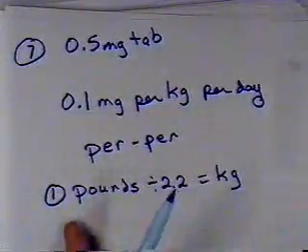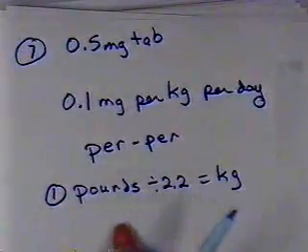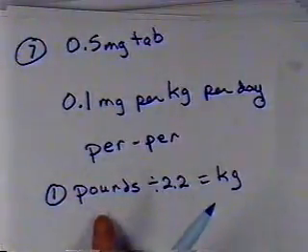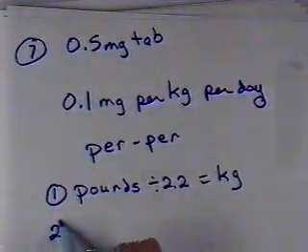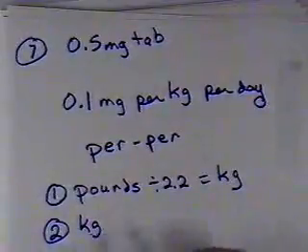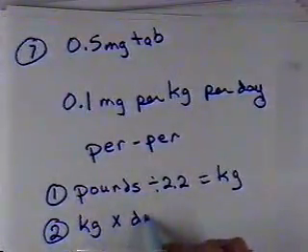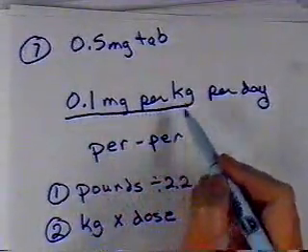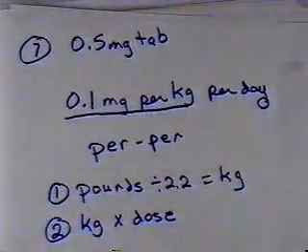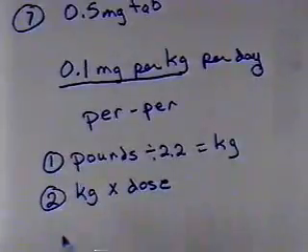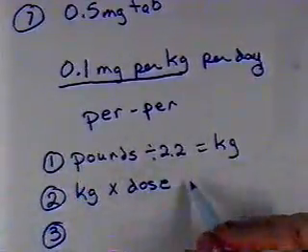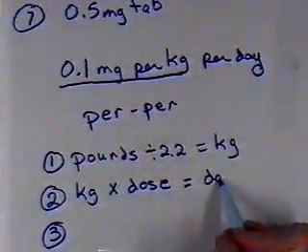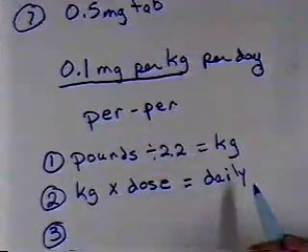So mostly on the chart, you have people's weight in pounds. Well, the first step is take pounds divided by 2.2. Then we take that answer, kilograms, and we multiply it times whatever dose we have. Then that's going to give you your daily amount.